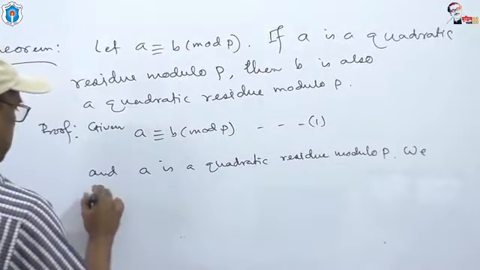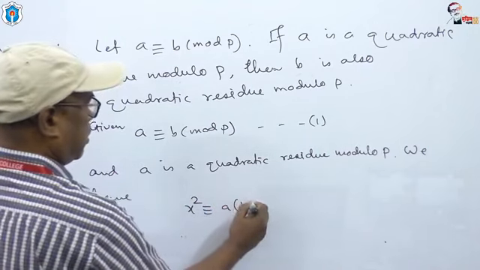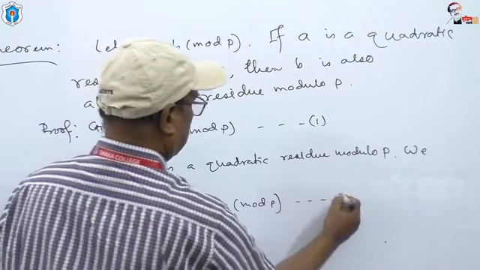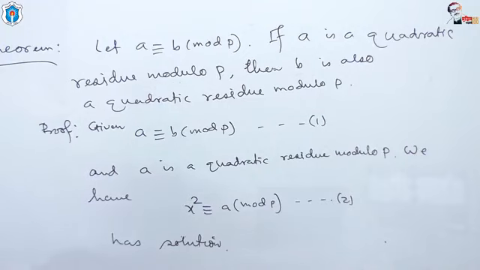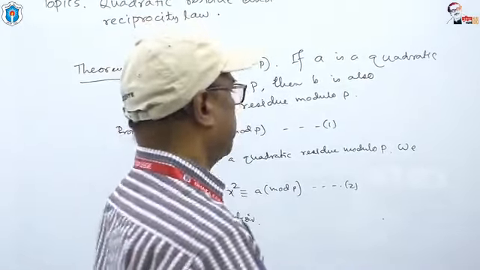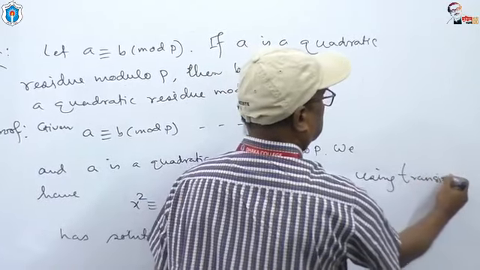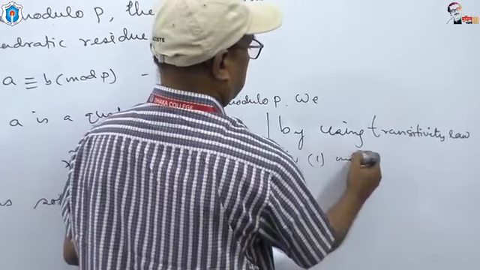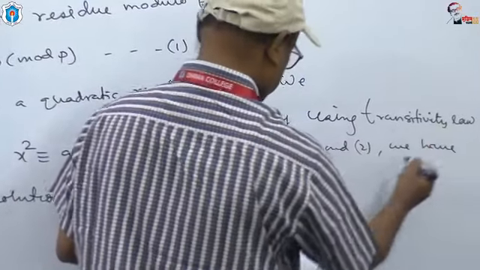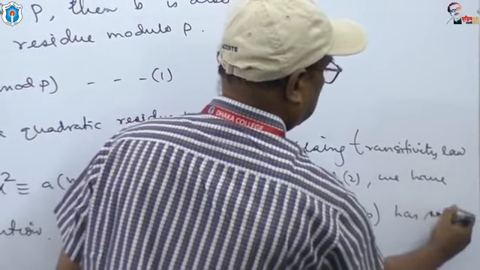We have by definition x square congruent to a mod p has a solution. তাহলে আমাদের 1 and 2 তে ট্রানজিটিভিটি ল-র সাহায্যে, by using transitivity law in 1 and 2, we have x square congruent to b mod p has a solution.